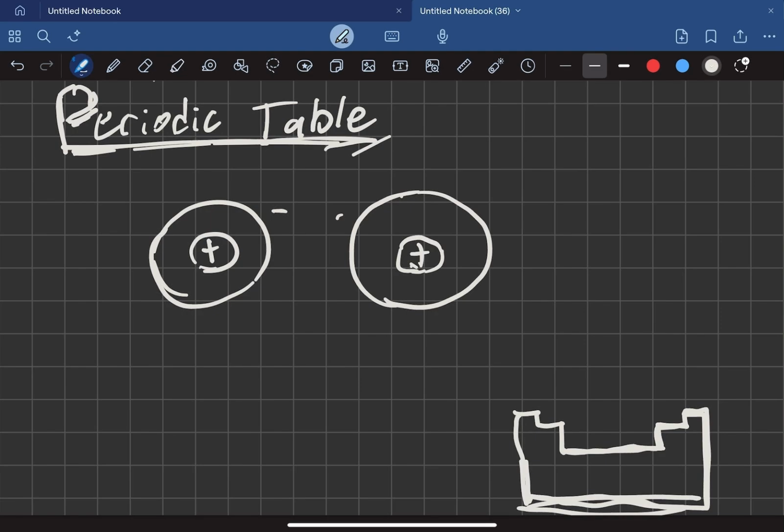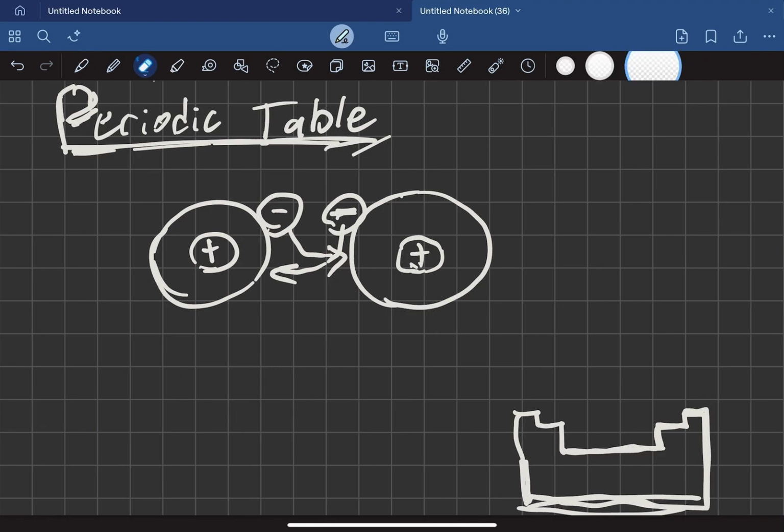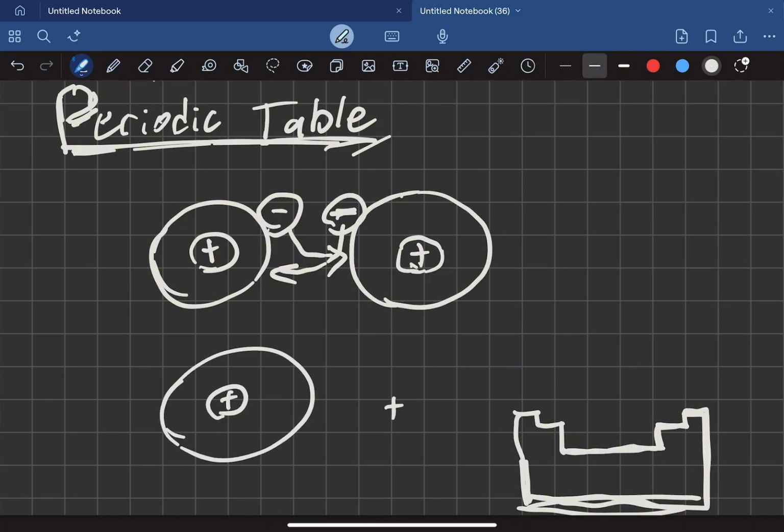The most common way that they're going to have their outer valence shell full is if these electrons are shared amongst the two elements. So now you'll have this hydrogen and this hydrogen, and they'll actually be sharing their two electrons amongst themselves.